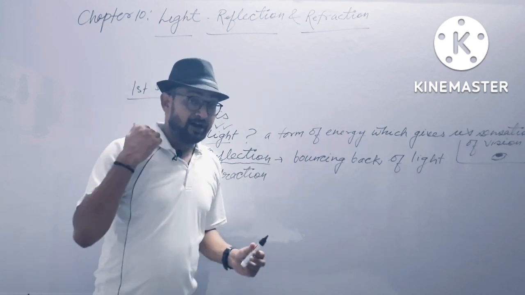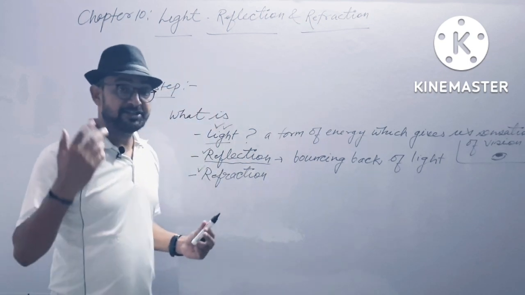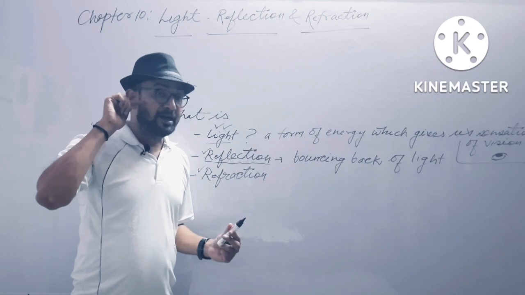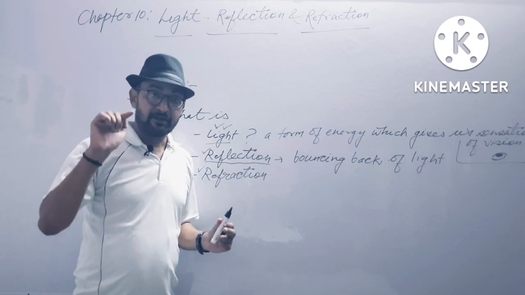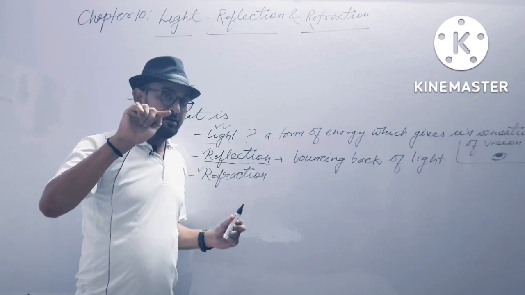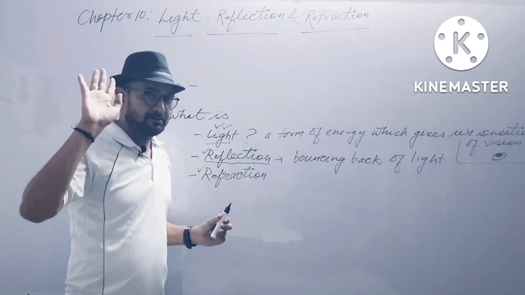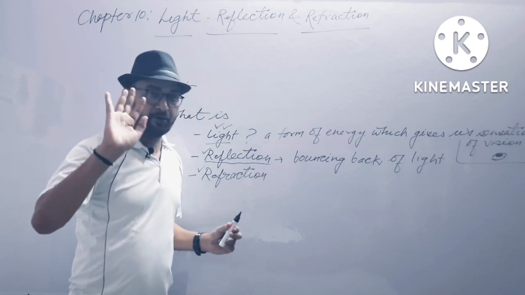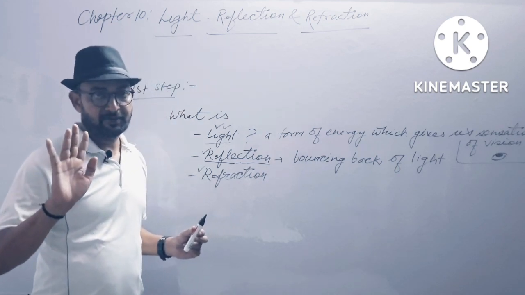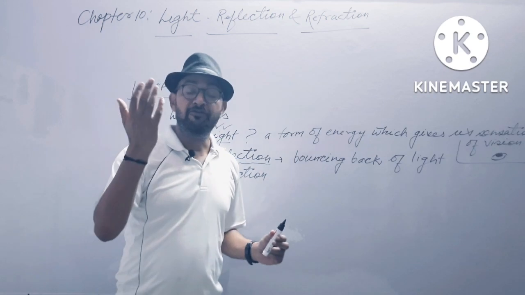Then what happens, suppose light from my eyes will travel and it will fall on any object which I want to see.